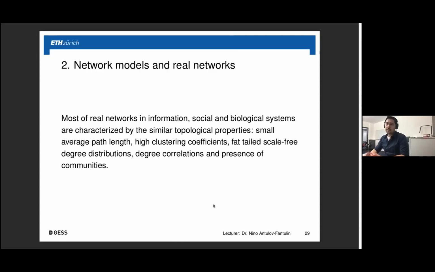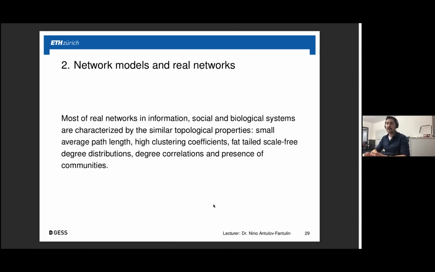Most real networks in information, social and biological systems are characterized by similar topological properties, like a small average path length, meaning that when you pick two nodes at random, their distance is not large. High clustering coefficient, meaning that we see closing of triangles in our first neighborhood.